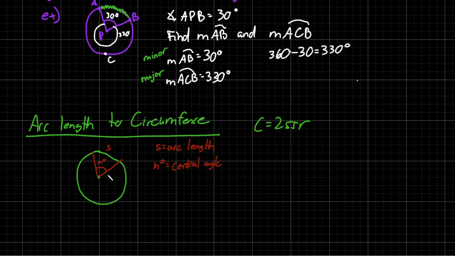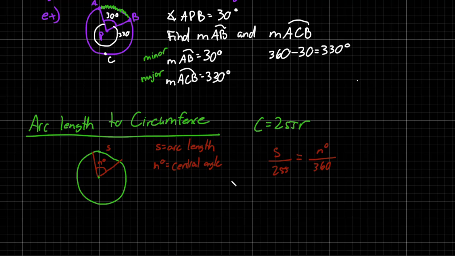Okay, so s is a portion of the entire circumference. So that's s divided by 2 pi r. This is going to equal, well, how many degrees are in an entire circle? Okay, so 360. And we only want part of that, so n degrees is part of that entire circle.